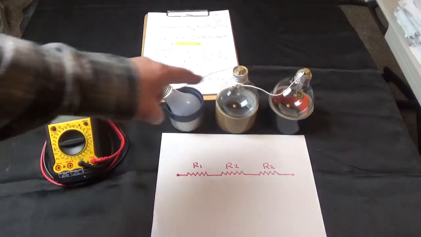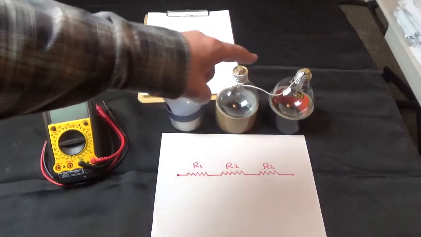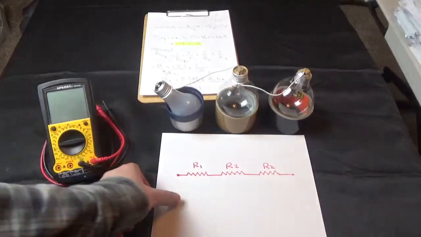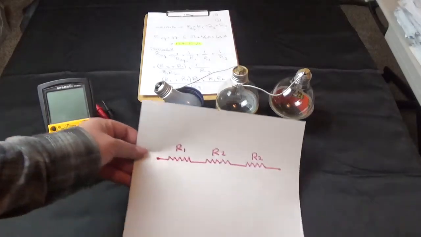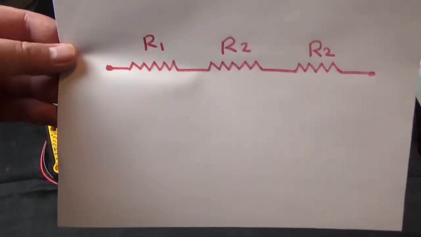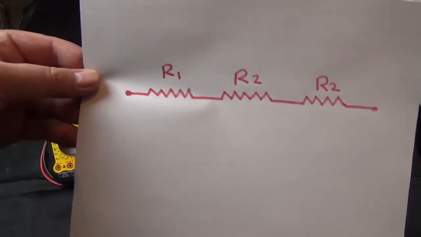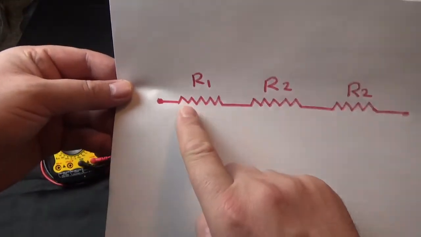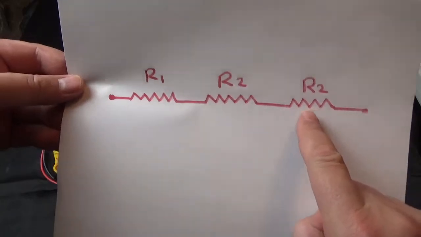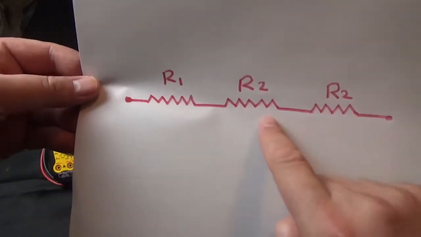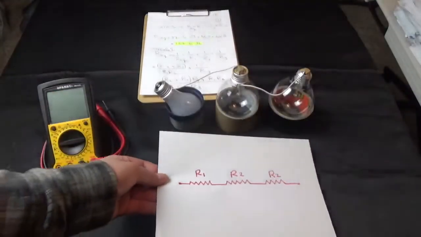Right now they are connected in series. What do I mean by connected in series? They are like this. So we can see here that we have R1, R2, R3 connected in one line, as you can see here.